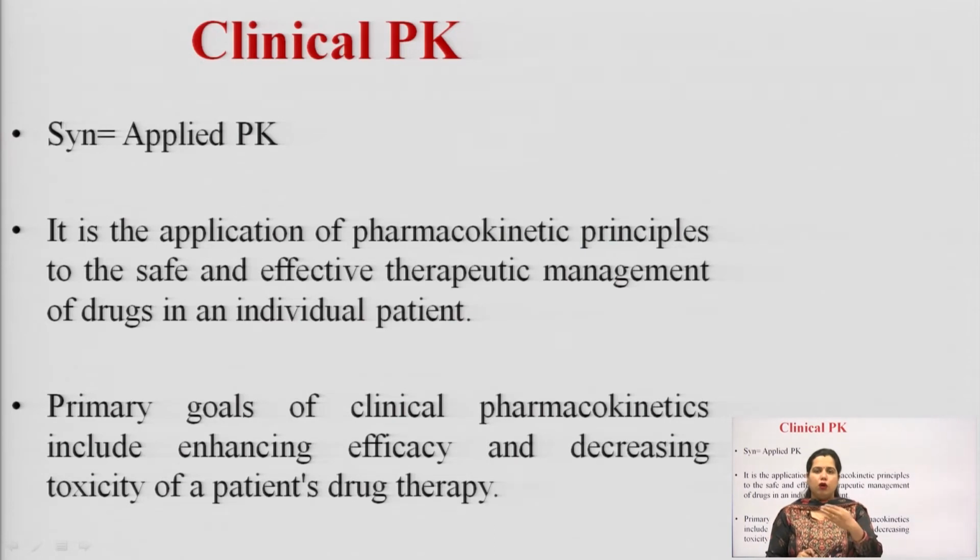So, various mucosal layers or barriers or skin barriers are rate limiting steps, which can affect the drug absorption. So, analyzing all these absorption, distribution, metabolism and excretion parameters to get the maximum efficacy of the drug and to reduce the toxicity is included in clinical pharmacokinetics.